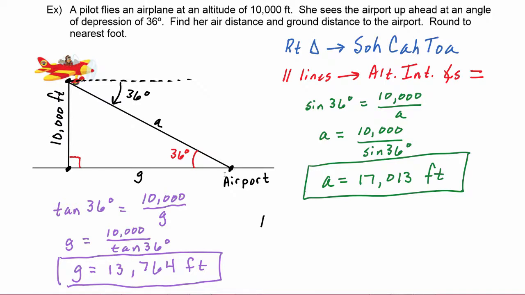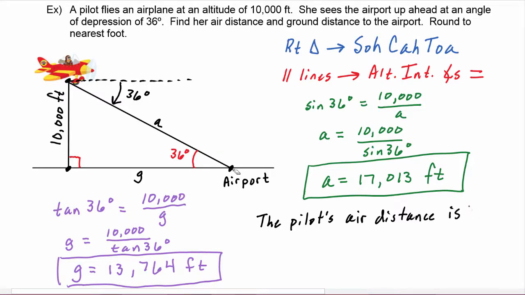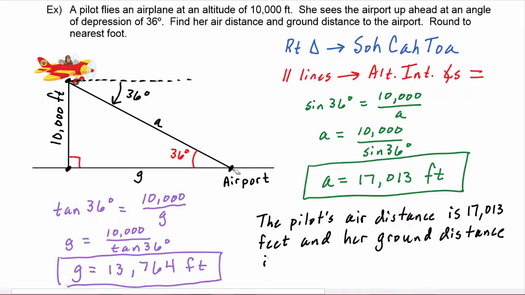So we would say something like, the pilot's air distance is 17,013 feet, and her ground distance is 13,764 feet.